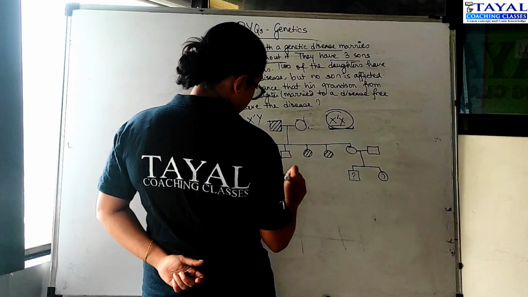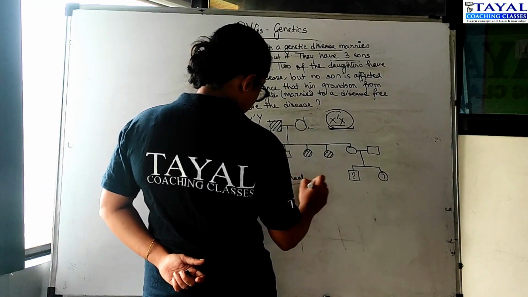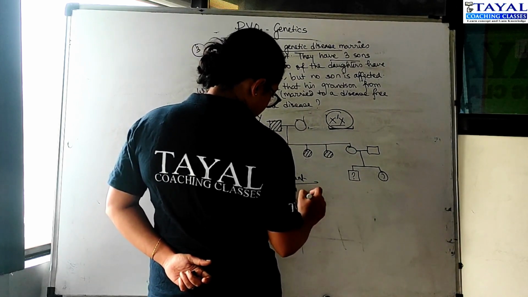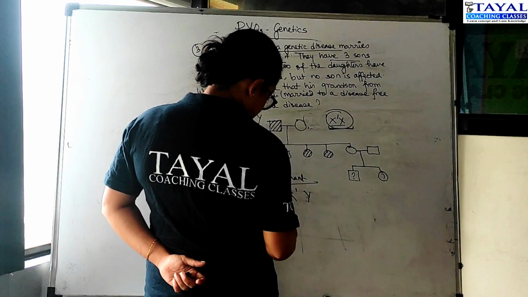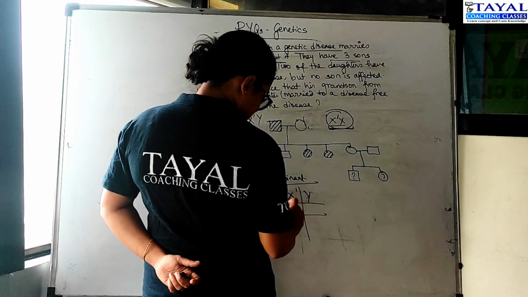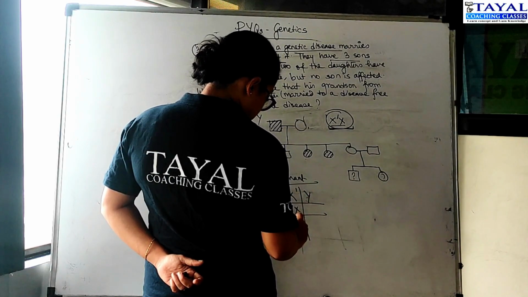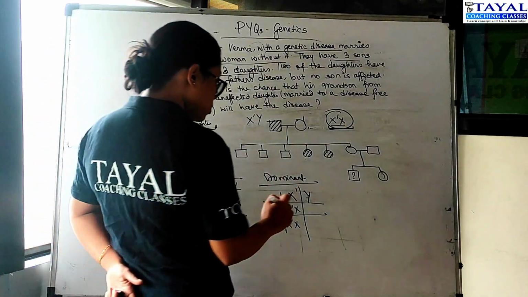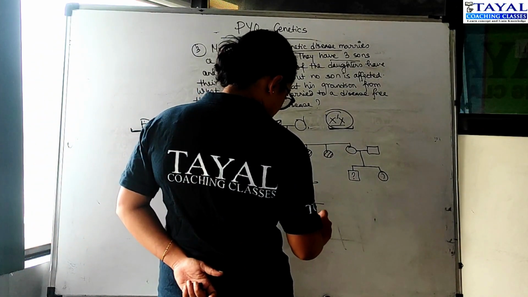So what if it is dominant? Then the father is X'Y, and the mother for sure is XX. In that case, their daughters will always have the disease. There is no way their daughters will not have the disease.